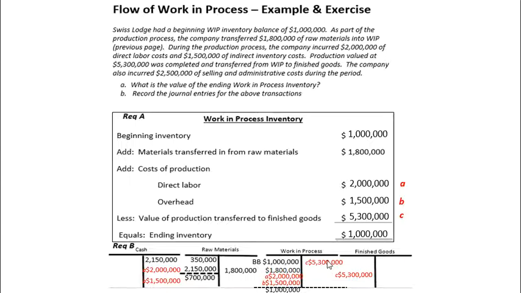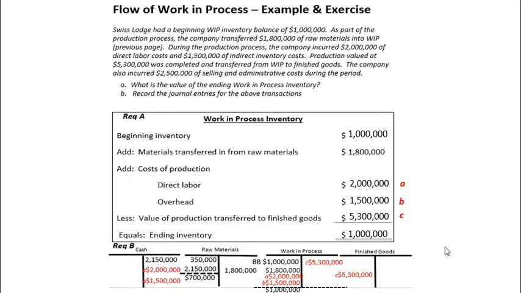So now if you add the debits up in work in process and the credits up in work in process, you're going to see that debits exceed credits by $1 million. So we have a debit balance in work in process, which corresponds to our ending inventory balance.